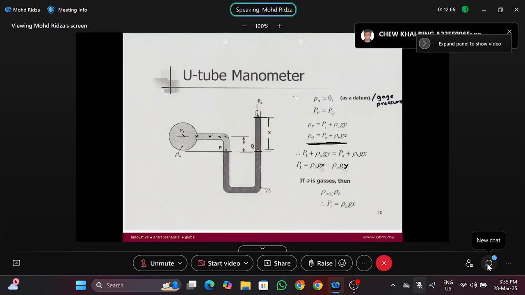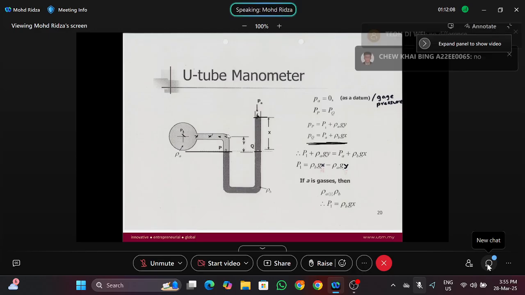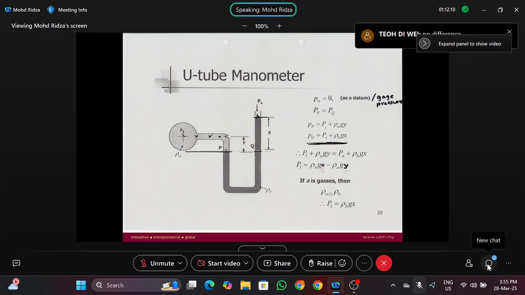It's not different because it's the same elevation, the same liquid, and here is not moving. The water is moving only here. But because we are measuring the pressure here, it's the same.